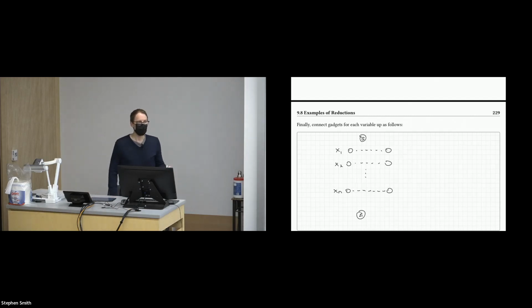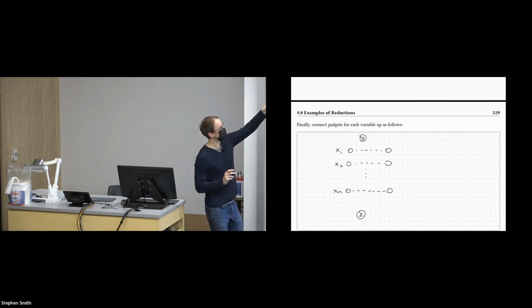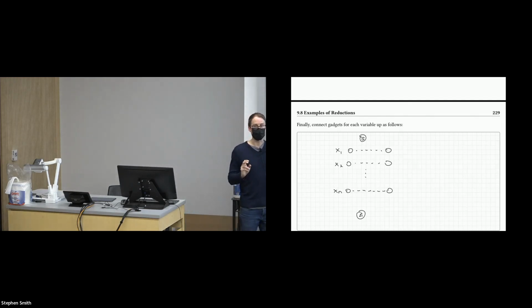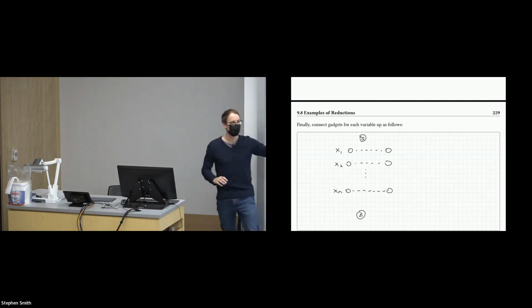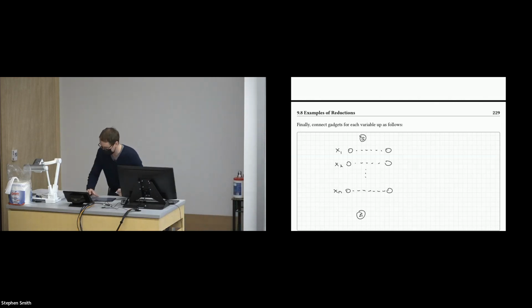And the edges that I add, basically any tour is going to start at S, then it's going to traverse x1 in either the true direction or the false direction. Then it's going to traverse x2 in either the true or the false, and so on. It's just going to go down sequentially through my gadgets. So I'm going to connect it up like this. From the start, I can either go to the false end or the true end. Then from whichever endpoint I leave, I can go to either endpoint of x2.